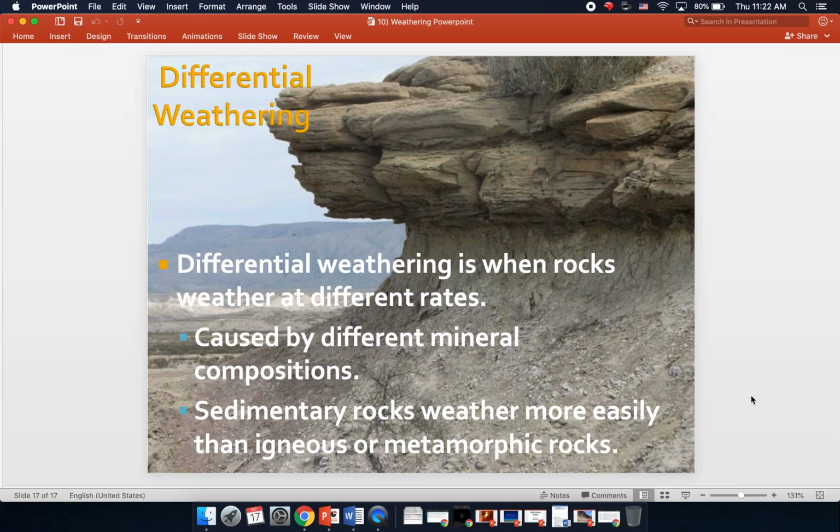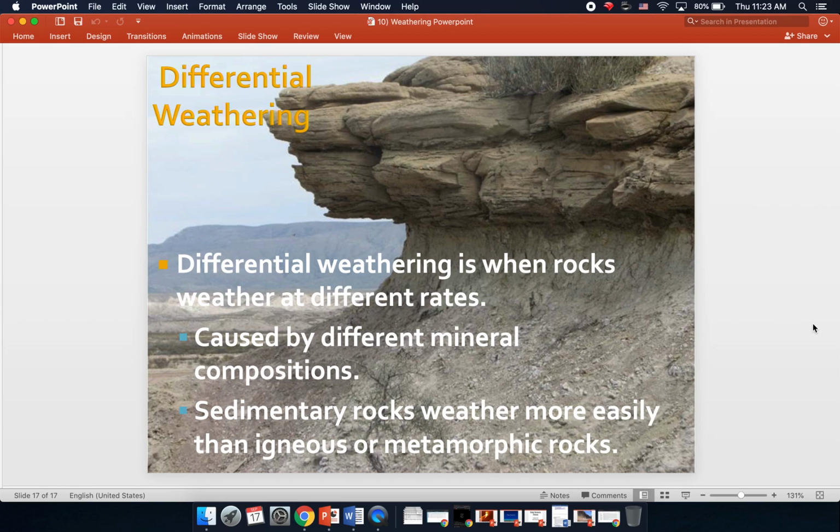In the picture here, you can see that this lower layer seems to be some kind of sedimentary rock that is, in the first place, made of sediments that are compacted and cemented together, and it's not very strong, so it's weathered really easily compared to what looks like some igneous rock above it that's more hardy and surviving those agents of weathering better than the sedimentary rock is.